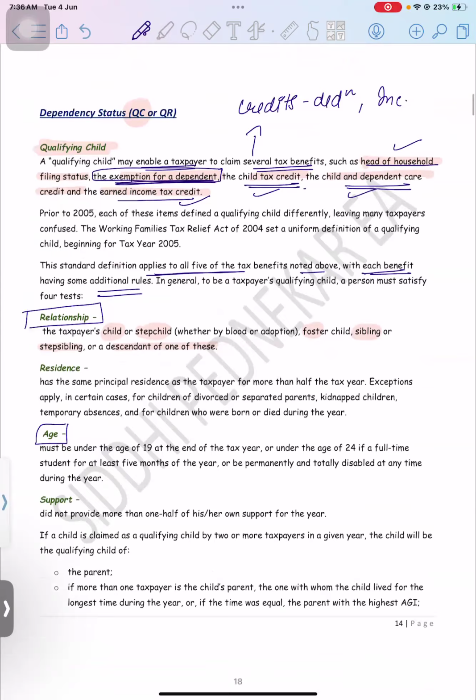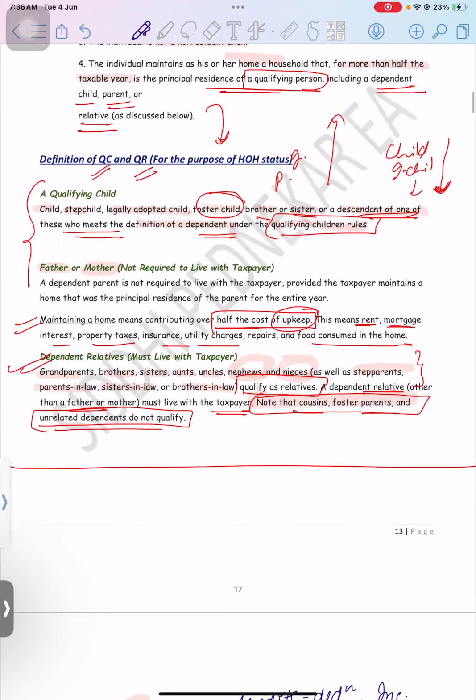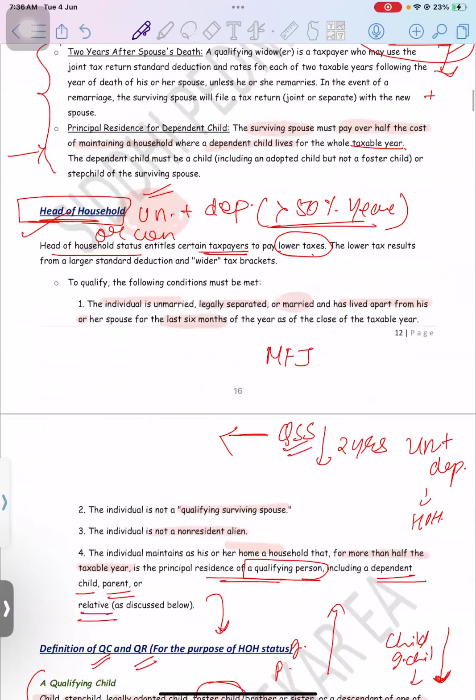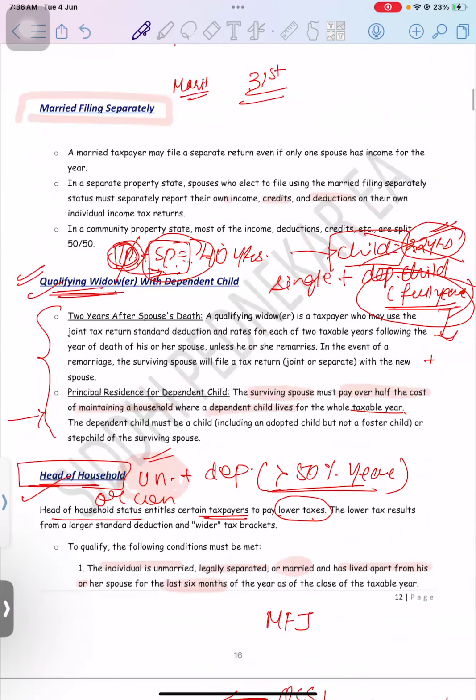Do you remember the qualifying child definition from yesterday, when we did the qualifying surviving spouse topic? There, the dependent child should not be your cousin. It should be your own child, or a child of whom the deceased spouse or you is the biological parent.